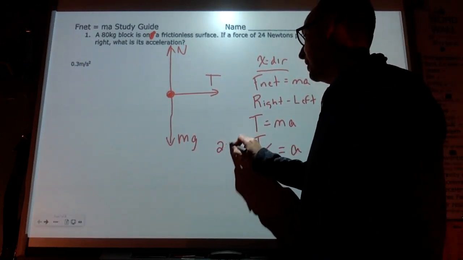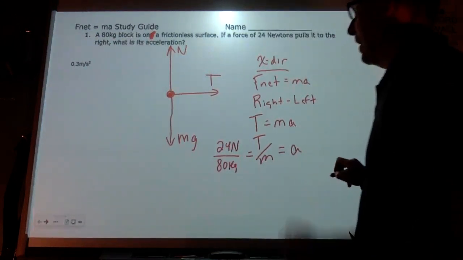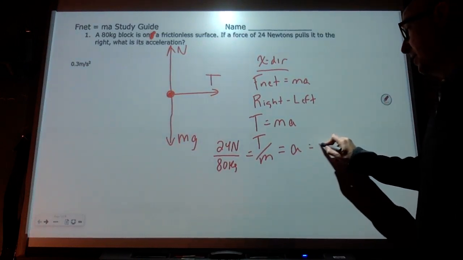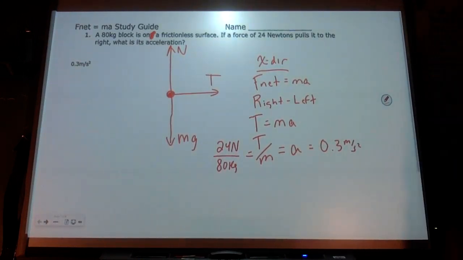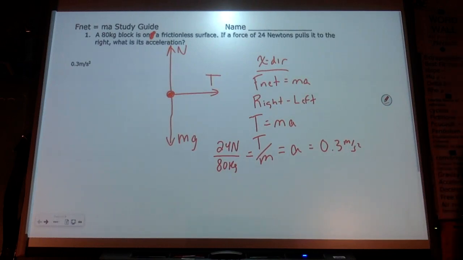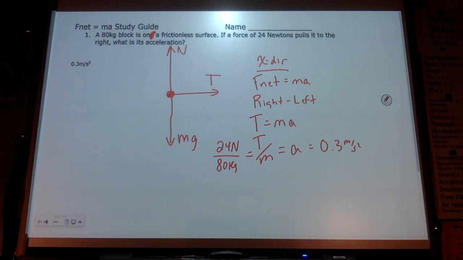So our tension is 24, our mass is 80, and this is 0.3 meters per second per second. We have to be careful because sometimes they'll give us the mass of the object, sometimes they'll give us the weight.